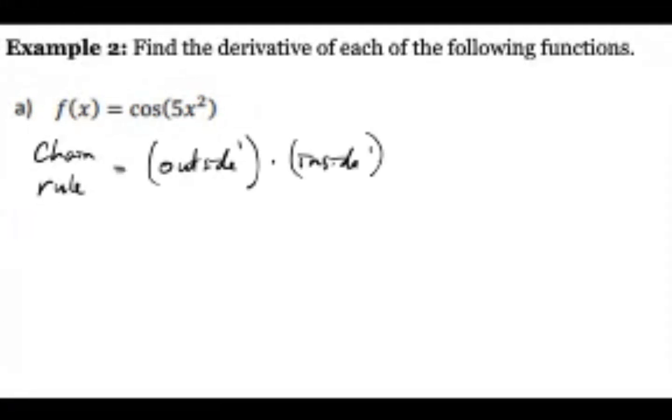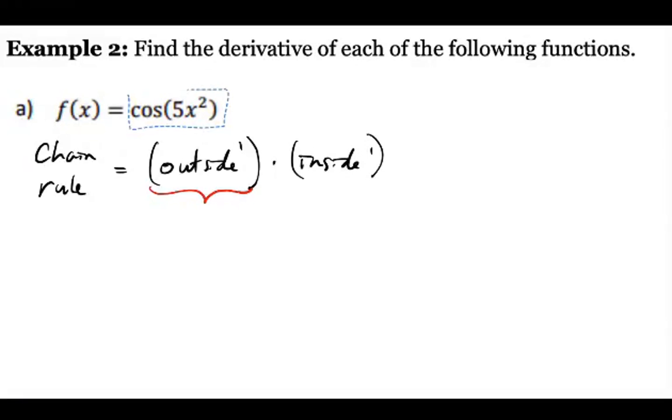Well, we know the outside and inside, don't we already? What was the outside, what we said on the slide right next to it? We said the outside was what? The whole thing, right? So we have to find the derivative of the whole thing. This is the inside part, right?